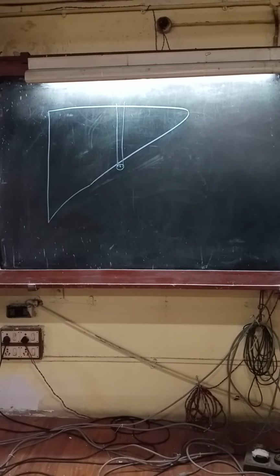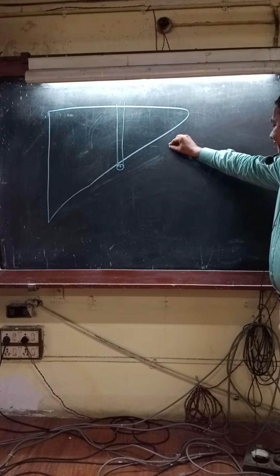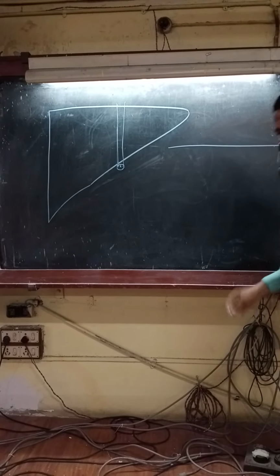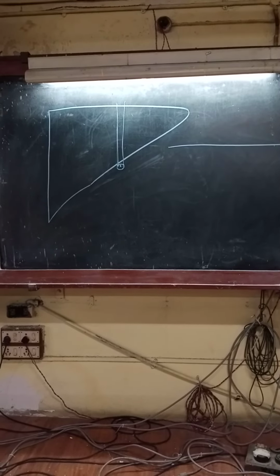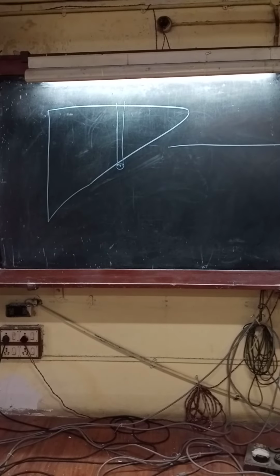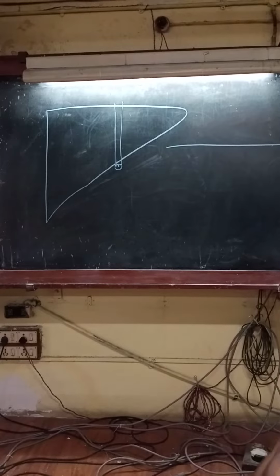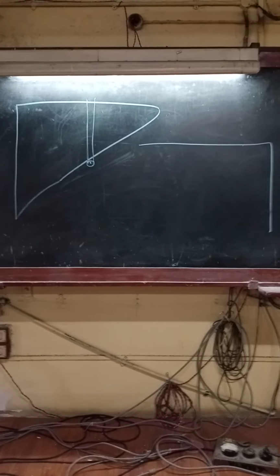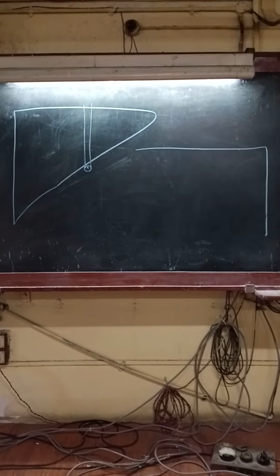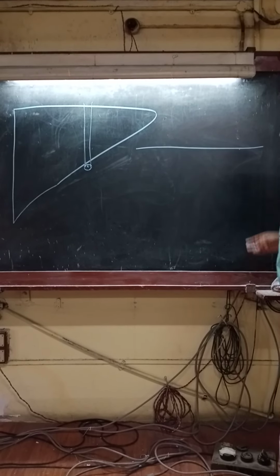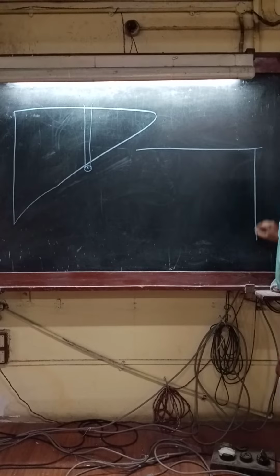Now the next diagram is about the posterior surface of the liver, and that diagram I want all of you to draw with me, because I am going to draw it 2 times, 3 times. Okay?